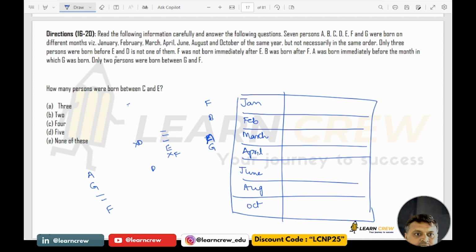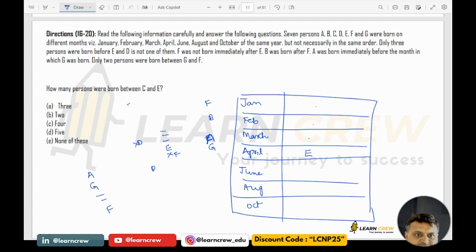Next, only 3 persons were born before E, which means E has to be here. E's position is fixed.